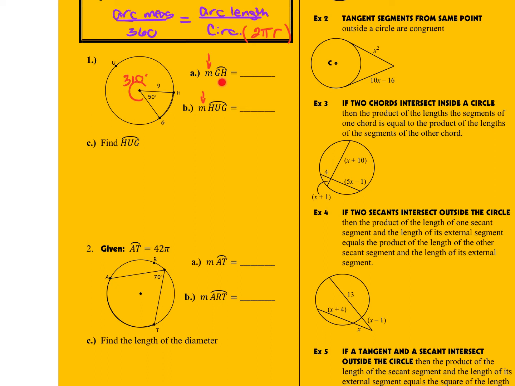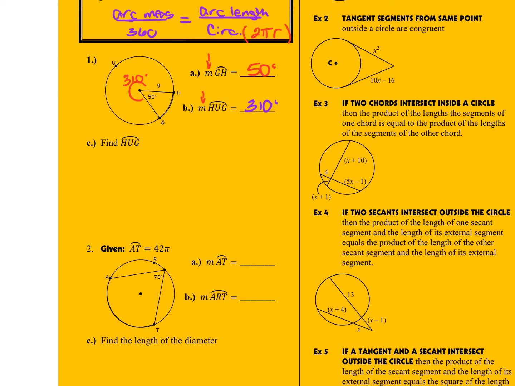So the measure of arc GH in degrees, G to H is the short way, it'll be 50 degrees. Then HUG, now we've got three letters, more than 180, we're going to go all the way around. That's going to be 310 degrees.